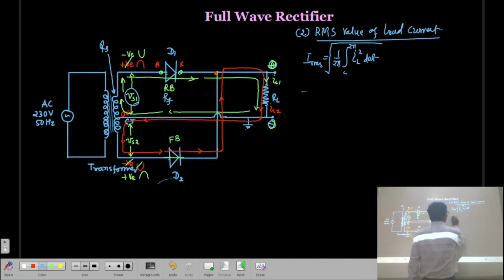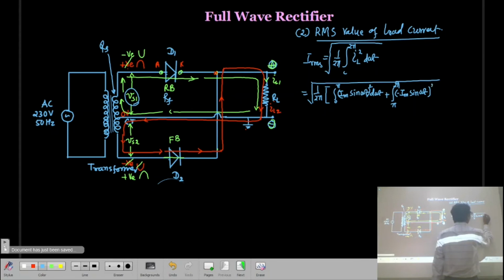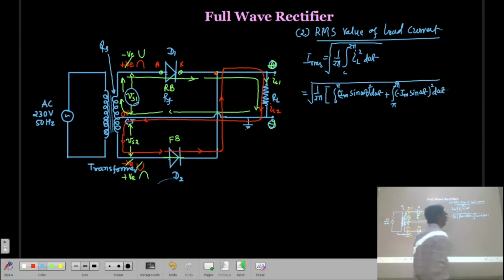So again here, we have to divide this integration in two parts, 1 upon 2 pi, and the first integration from 0 to pi, that is Im sin omega t d omega t, whole square, plus another integration from pi to 2 pi, minus Im sin omega t whole square d omega t.